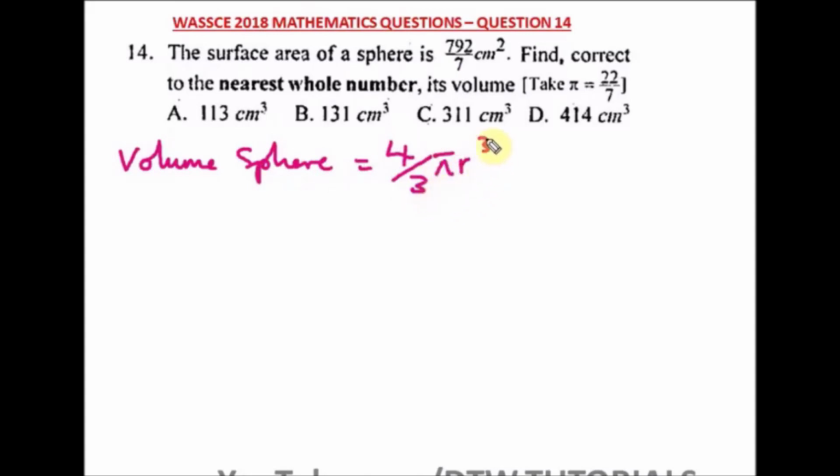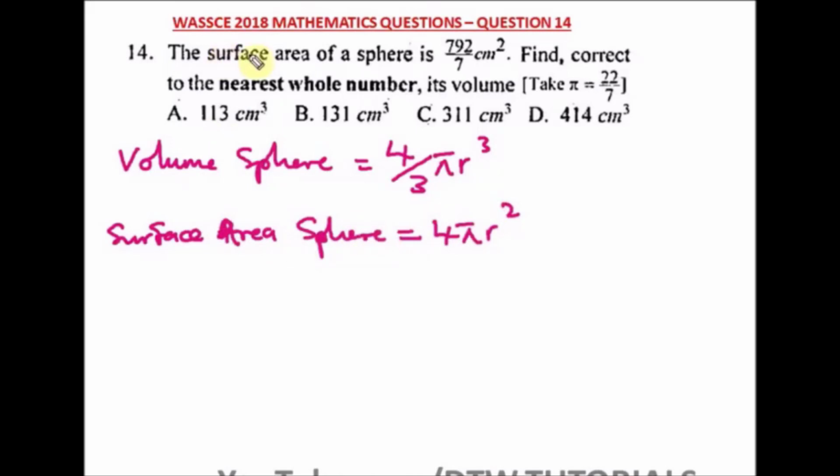Here we are given pi, but we don't know r. But we are told the surface area of the sphere. The formula for the surface area of a sphere is 4 pi r square, and they told us the surface area is equal to 792 divided by 7.